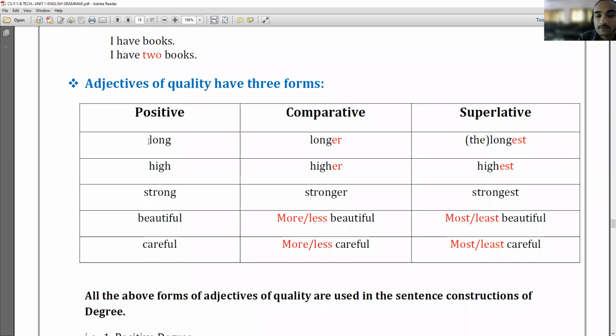So here, while comparing the two dissimilar things or unequal things, we are using comparative degree, and superlative degree is used when that thing or that person is having no comparison.